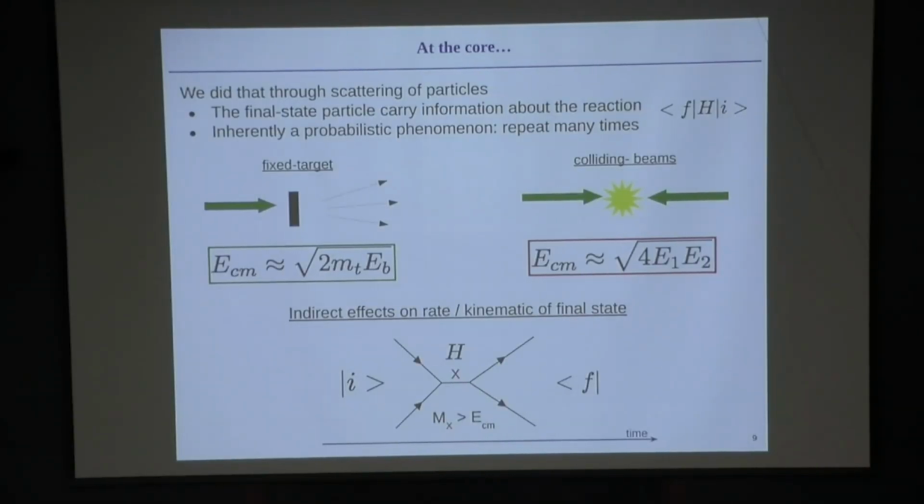This is what is schematically shown below, in which the scattering of particles might change the rate or the probability of a final state, even if the particle in question has a mass higher than the center of mass energy of your collisions. And this dichotomy, this double way of producing a particle or looking for indirect effects, is the main way we look for fundamental laws at colliders.